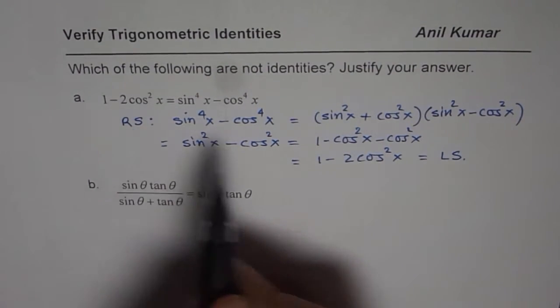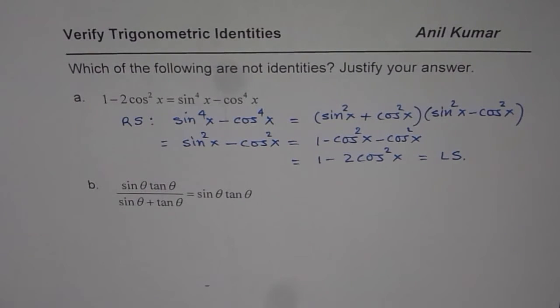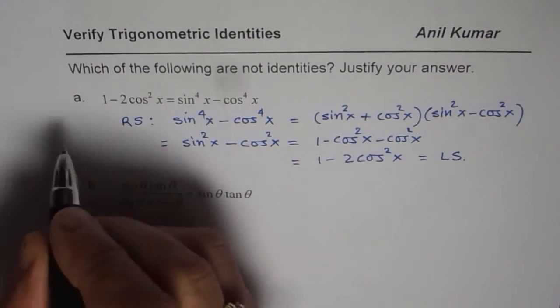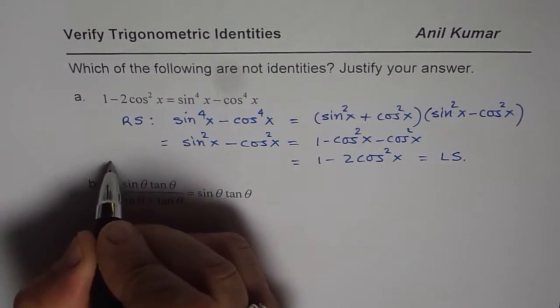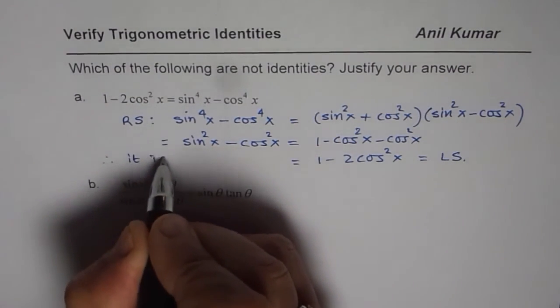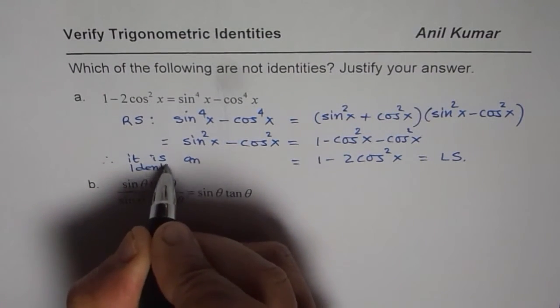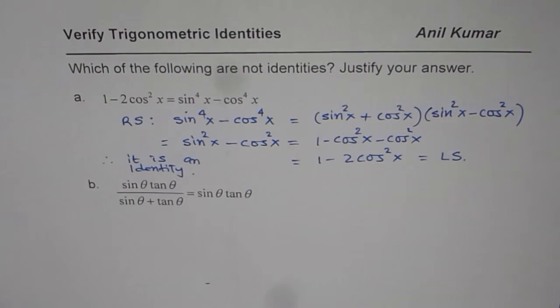Now since the right side is equal to the left side for all the values of x in its domain, we say that the given equation is an identity, right? So this one is an identity. So that is how you have to do it.